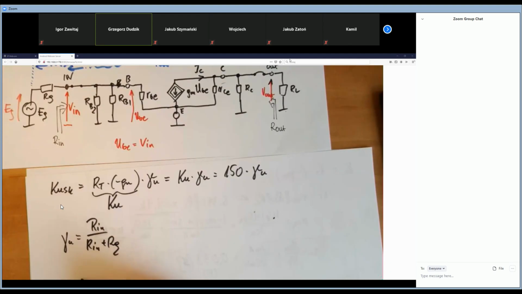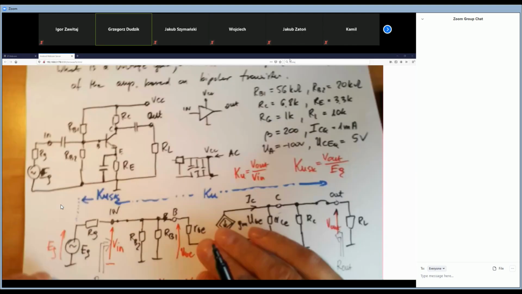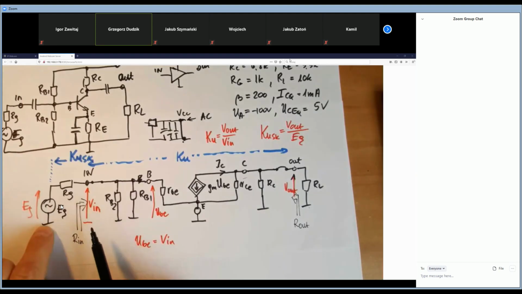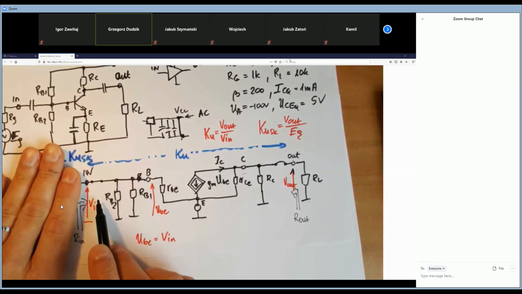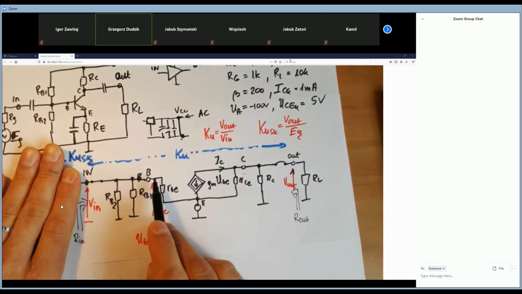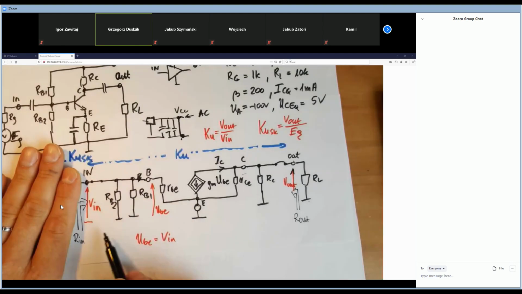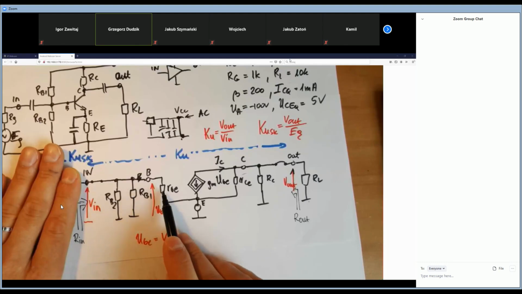Please take a look at our AC circuit. For Rin, we have to take into account only everything that happens after the input terminal. As you see, RBE is connected to the ground. So what is the Rin here? It will be the parallel connection of these three resistances, RB2, RB1, RBE.